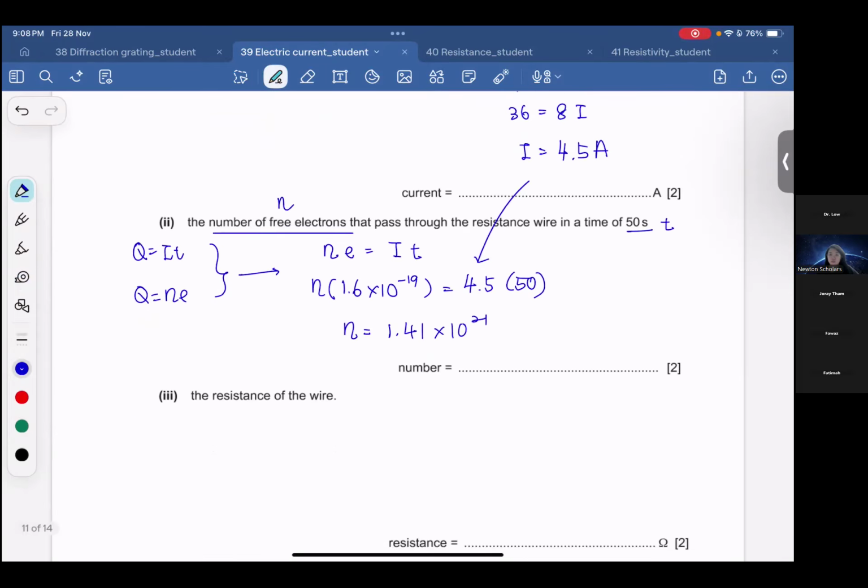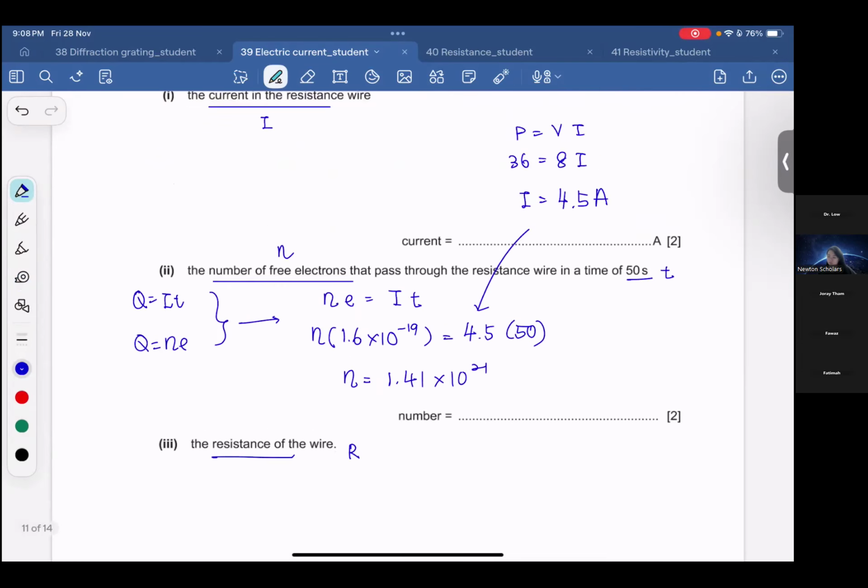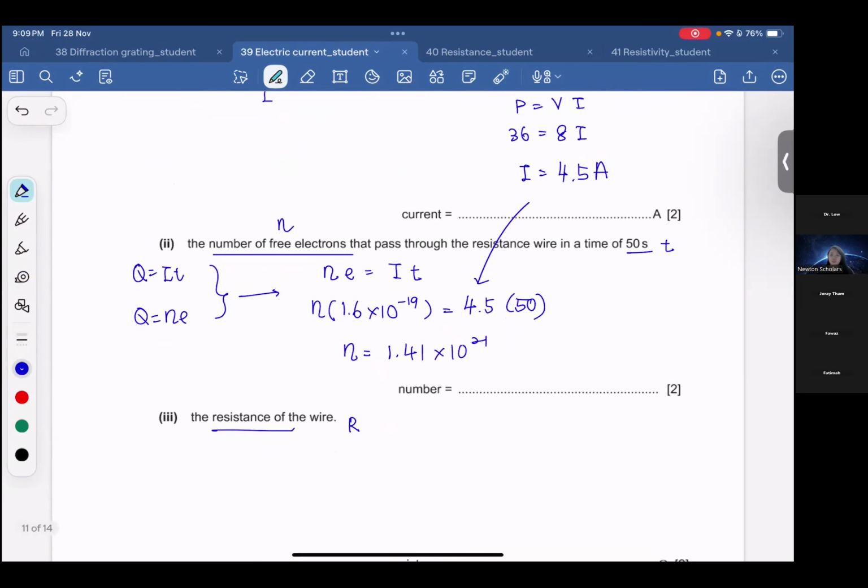Can you continue? Calculate the resistance R. You have two methods to do the calculation. You do it and then tell me your final answer. Resistance. Correct, Vashini.